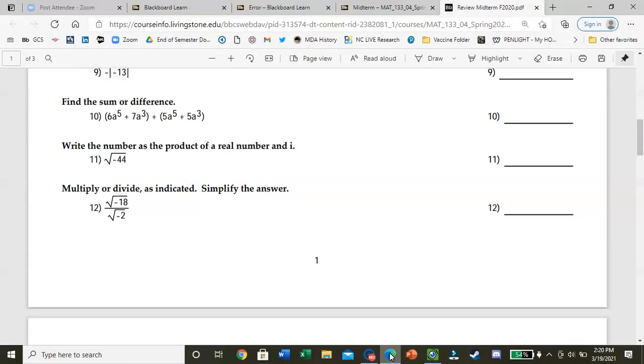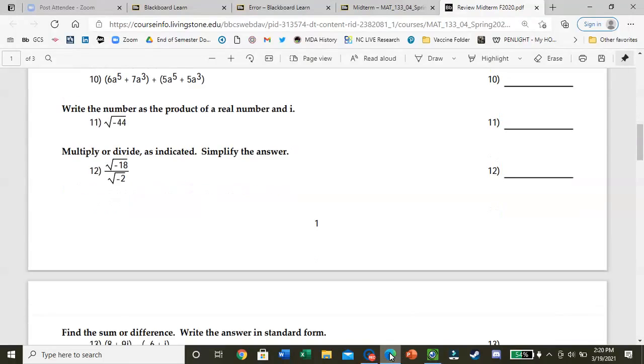Write the number 11, write the number as the product of a real number and i. Okay, well, there's nothing to multiply here, right? So anytime we have a negative inside an even radical, what do we have to do first, every single time, before we do anything else?